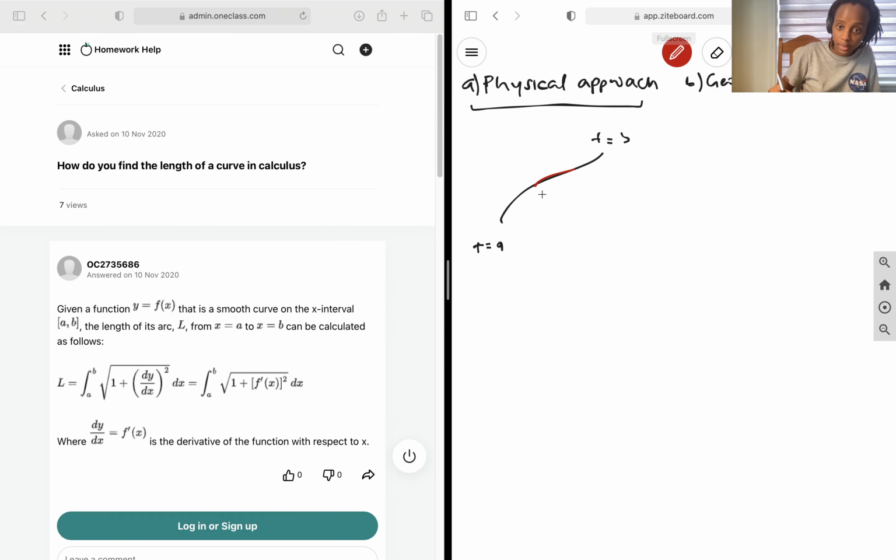And let's call this delta L. And delta L will start at t and end at t plus delta t.